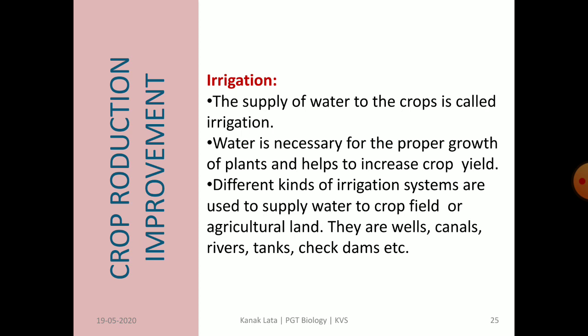There are different methods for irrigation such as wells, canals, rivers, tanks, check dams, etc. Besides these, some modern methods like drip irrigation and sprinkler systems are also used nowadays in agricultural crop fields. It helps in reduction of water loss as well as providing uniform water to all crops.